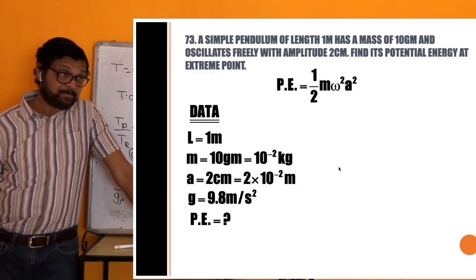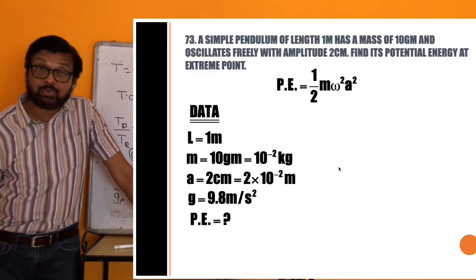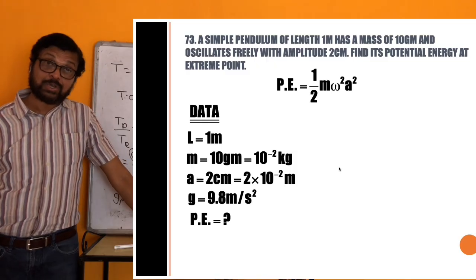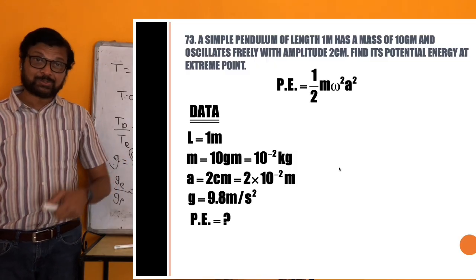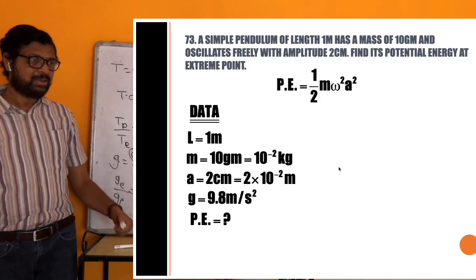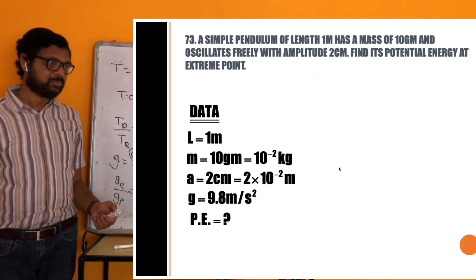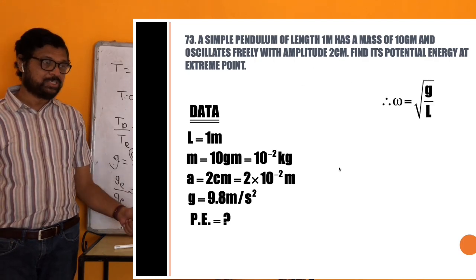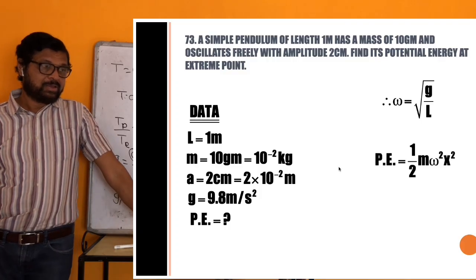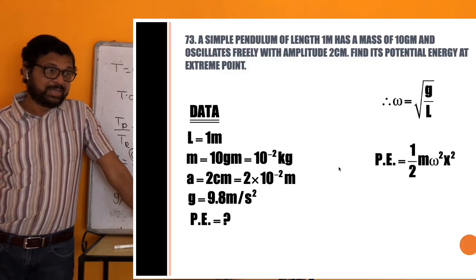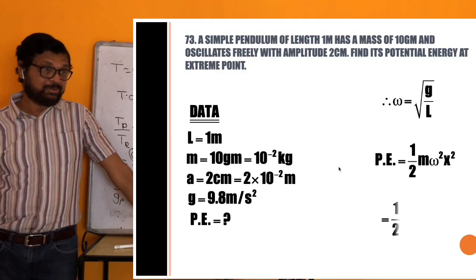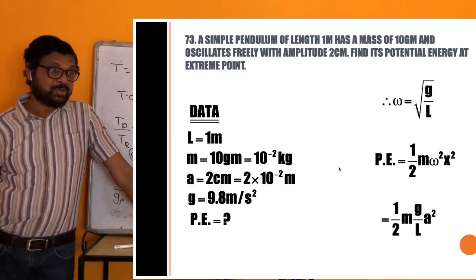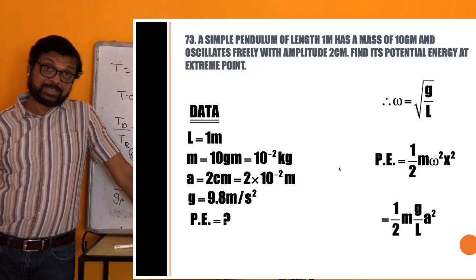M is given, a is given, means first find out omega. omega is under root G by L, means omega square is G by L. Potential energy is half m omega square a square. तर ते होईल half m into G by L into a square.